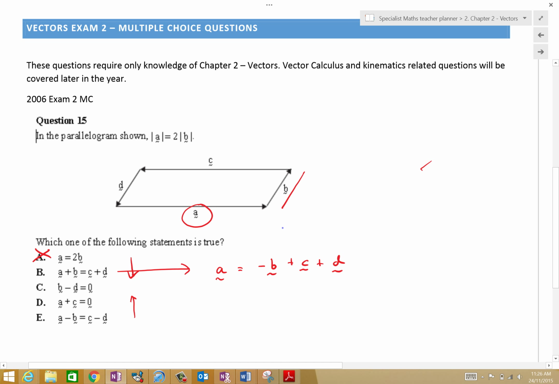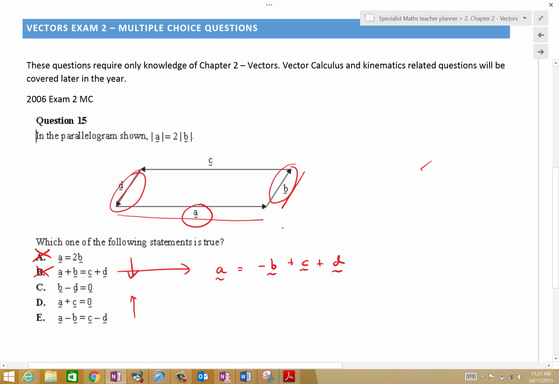Now, is that true? Well, to get from vector A is the same as going positive D. I don't know about that. Maybe it is E. B minus D is 0.